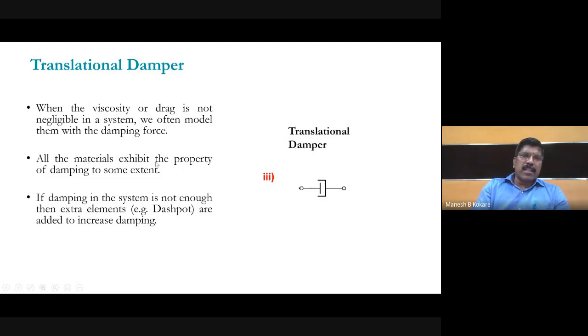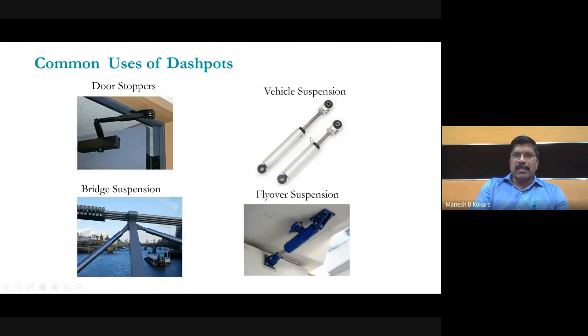All materials exhibit the property of damping to some extent. Damping is basically offering resistance. If damping in the system is not enough, an extra element, the dashpot, is added to increase the damping. You might have seen such things in vehicle suspension, which is nothing but the shock absorber.